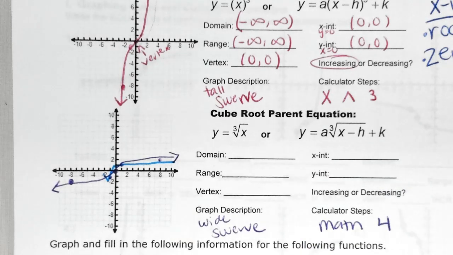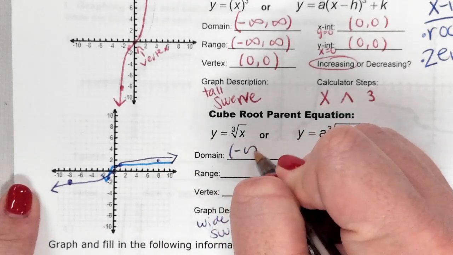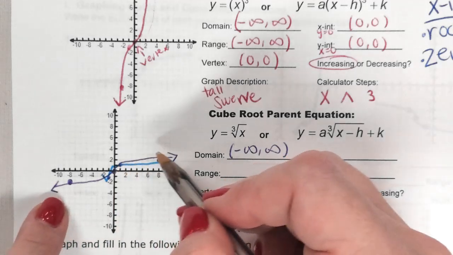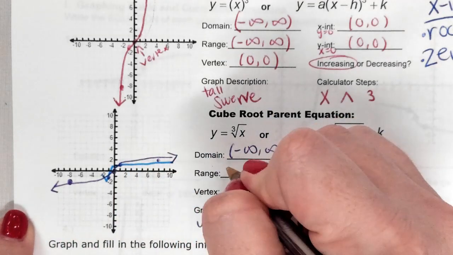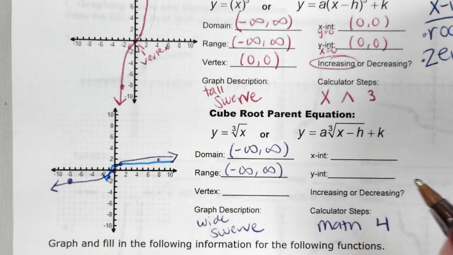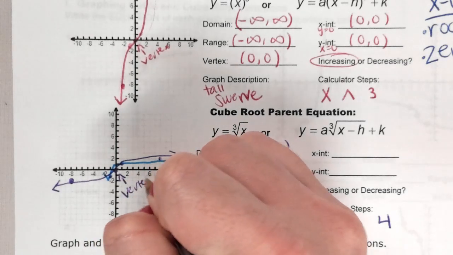Knowing that, domain and range are the same thing. It goes left forever, goes right forever. This is all real numbers. Does it keep going down and up, just super slow? Yes. So my range is also negative infinity to positive infinity. Domain and range for both are always all real numbers. My vertex is still (0, 0), because that's where it changed directions.